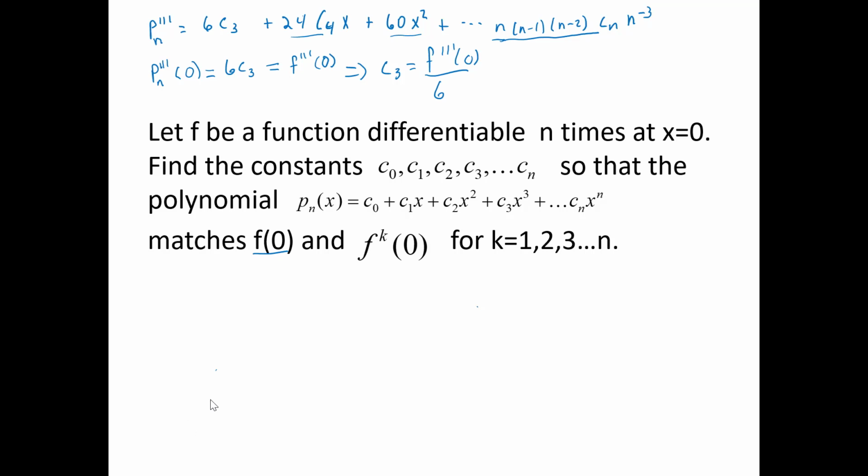Okay, so my whole point here is that C naught was f of 0. My C1 was f prime of 0. My C2 was f double prime of 0 divided by 2.